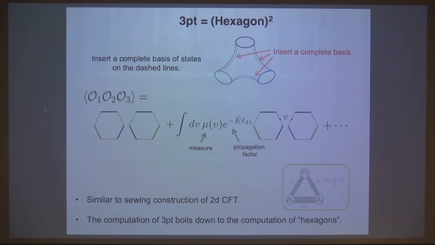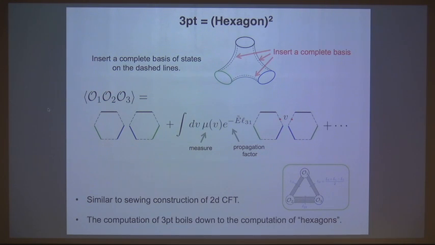As you can see, this is a little bit similar to the gluing or sewing construction of 2D CFT, but the difference is that now I'm cutting the worldsheet in a slightly different way, because essentially what I'm doing corresponds to the triangulation of the Riemann surface. And after doing the decomposition, the computation of the 3-point function boils down to the computation of these hexagons.